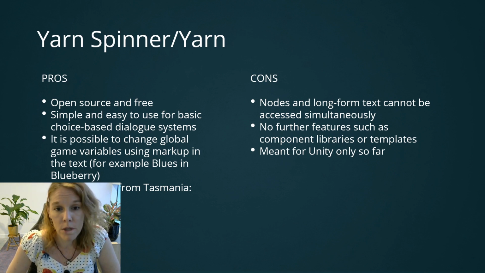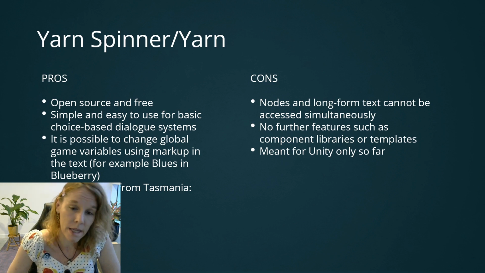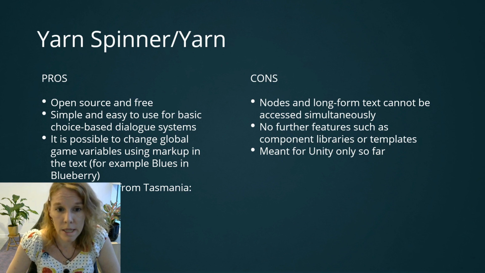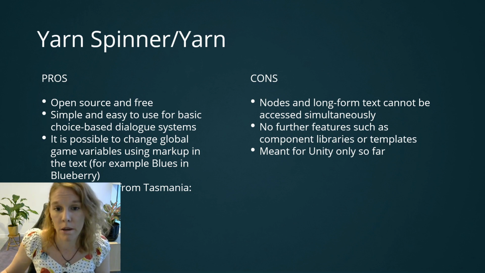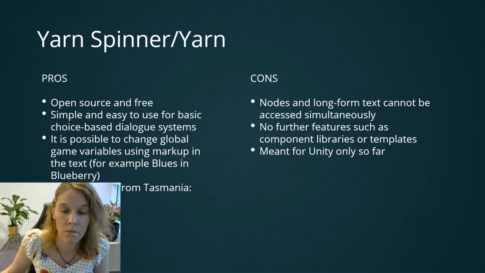Then we don't have further features such as component libraries or templates in the same way as, for example, Celtx does it with the characters, where you have a sort of prefab, if you like, that you can change in order to change, for example, the names or item descriptions or whatever.